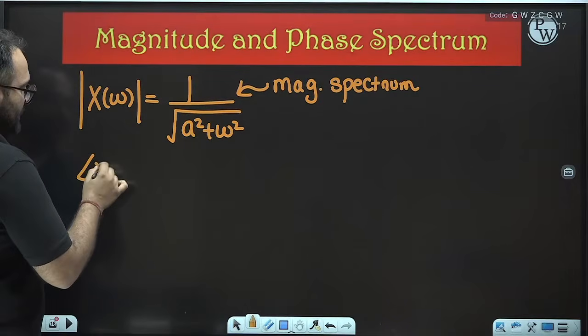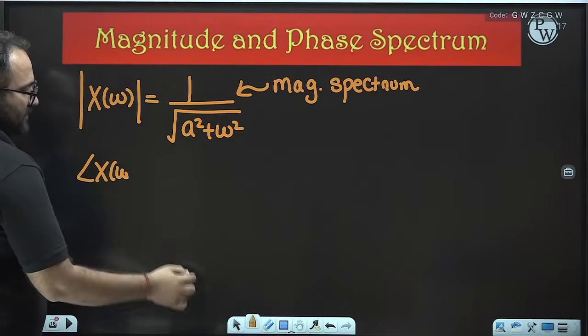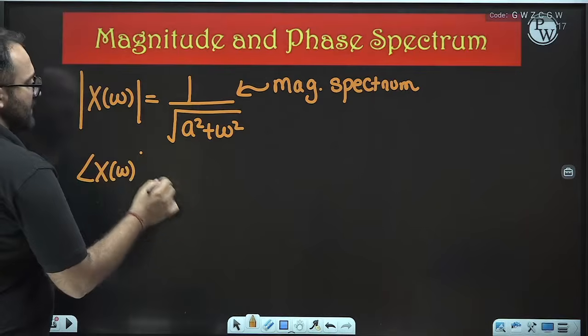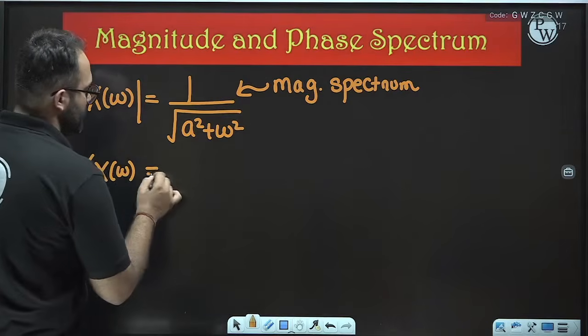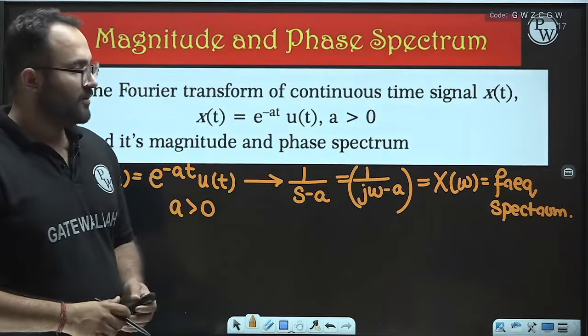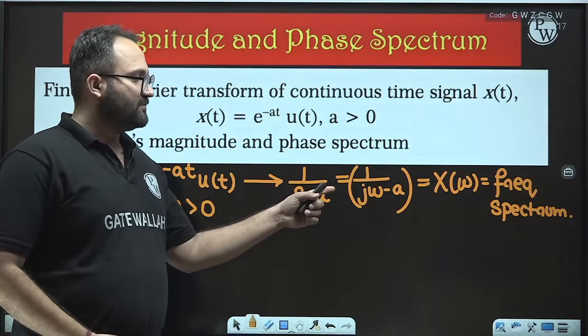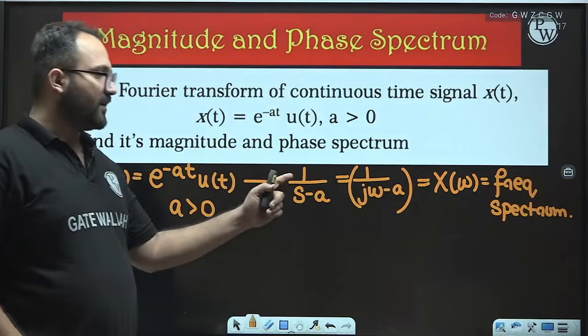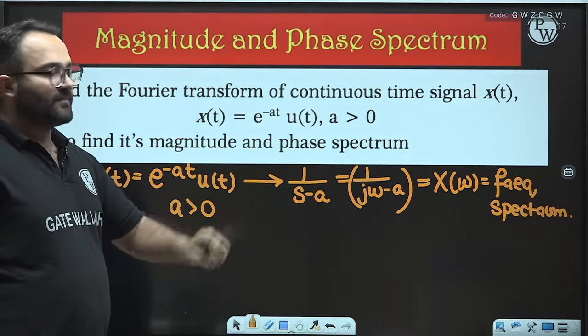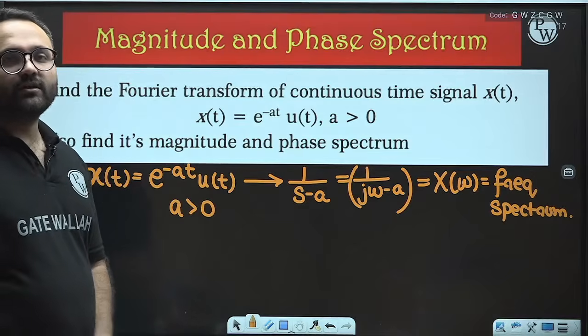And what about the phase spectrum? Phase spectrum means angle of x omega. So we can see that the angle of the denominator is going in second quadrant. Real part is negative and imaginary part is positive, so this is going in second quadrant.